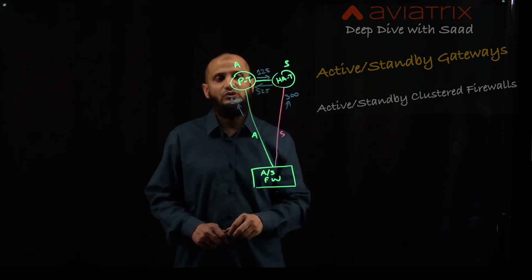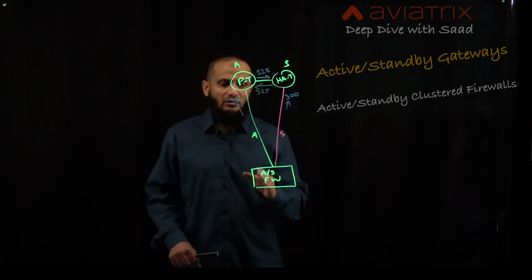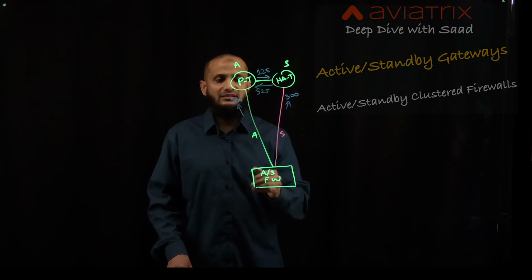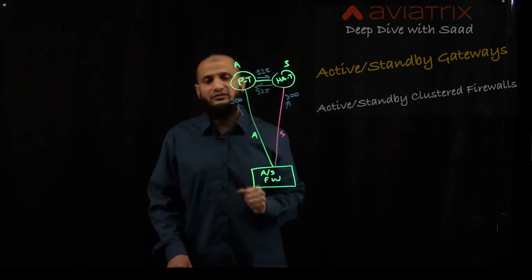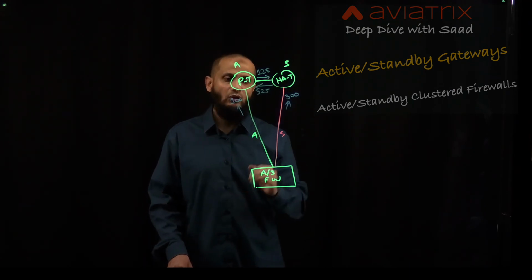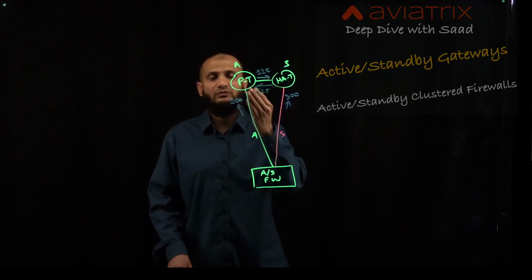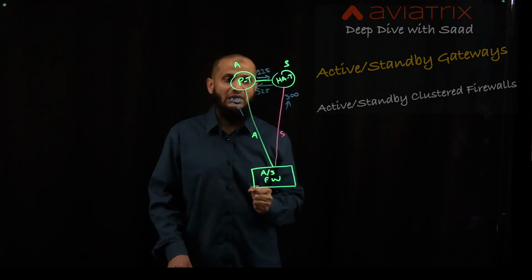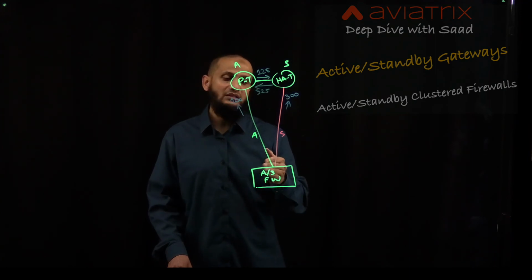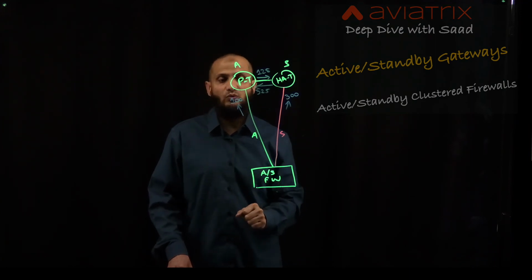Let's talk about the failover scenario. Failover doesn't happen unless all the tunnels to the active gateway are down. When all the tunnels go down, the controller is going to switch the active over from the primary to the HA. Now, what happens when this tunnel comes back on the primary gateway?